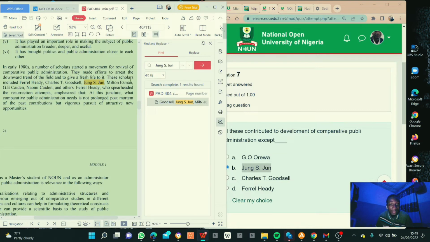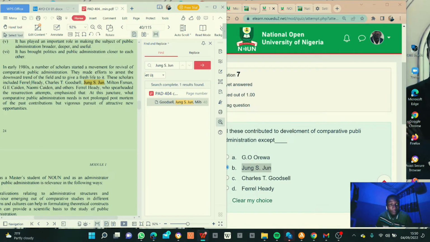They made efforts to arrest the downward trend of the field and to give a fresh life to it. These scholars included Farrell Heady, Charles T. Goodsell, Jong S. Jun, Milton Esman, G. E. Caiden, Naomi Caiden, and others.